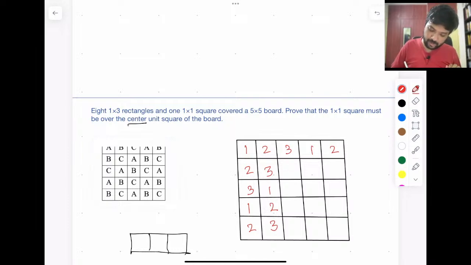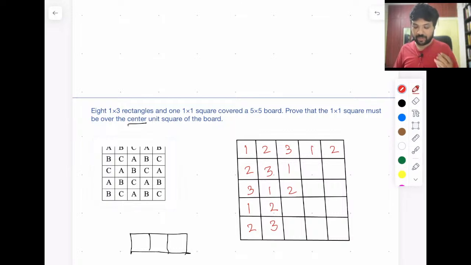Just continuously label it so that however you place a trimino, I mean, if you place a 1 cross 3 strip, one of each color will be covered. So 3, 1, 2, 3, 1, 2, 3, 1, 2, 3.